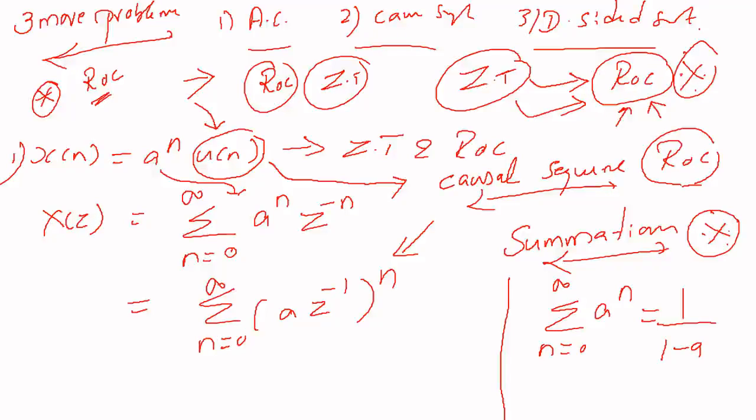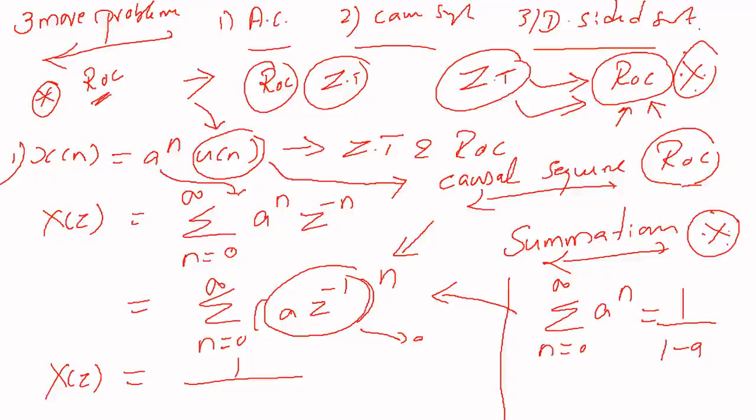Okay, so let me apply this particular formula here. So x of z is equal to 1 by 1 minus a z inverse, right? So this is x of z.